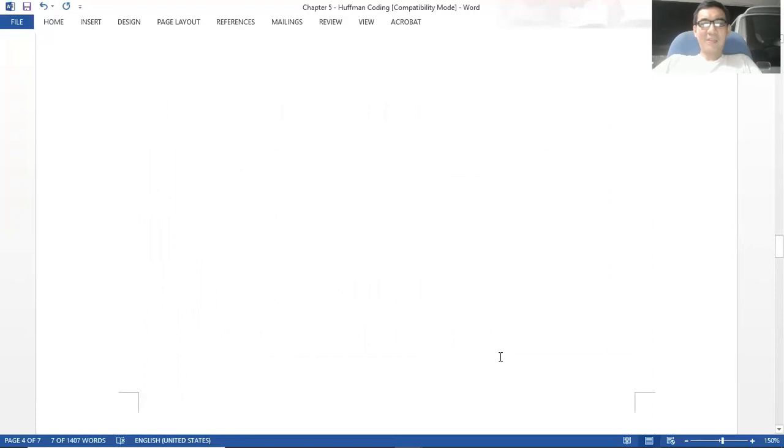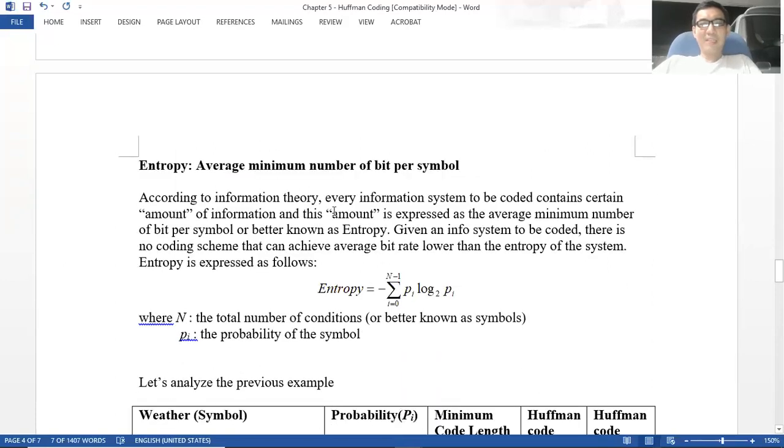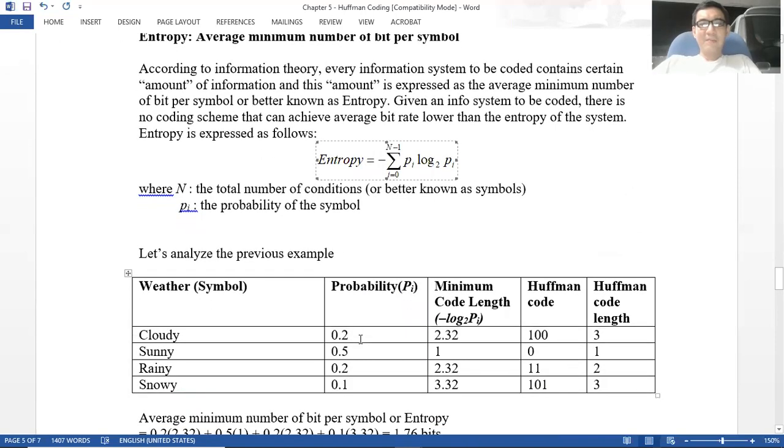So what is entropy? Entropy is the average minimum number of bits. Just now we calculated only log base 2 of p, which is the minimum number of bits for one symbol. But in one information system, we have several conditions or several symbols, each with different probability, or the same, doesn't matter. So each has their own probability, and you need to calculate their average.